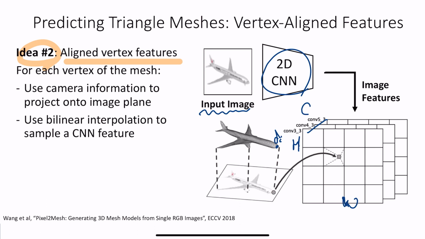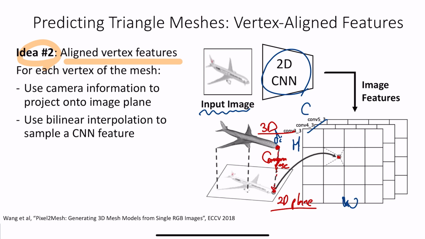Then because we already know the camera pose from 3D space to the image plane, let's say camera coordinate to the image coordinate, as we discussed in the camera system, we just extract the feature vector here. Let's say for this 3D point or 3D vertex, we can directly project to the image space.